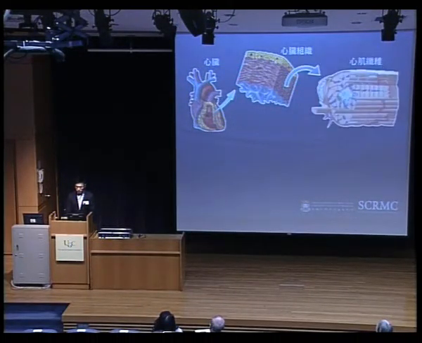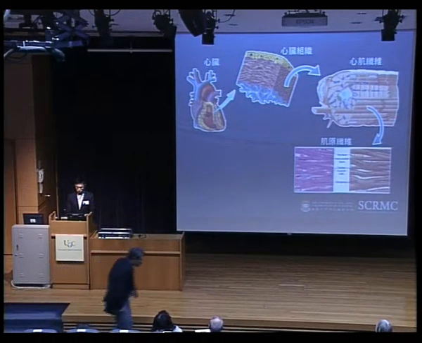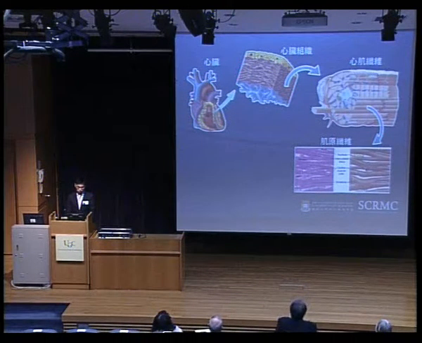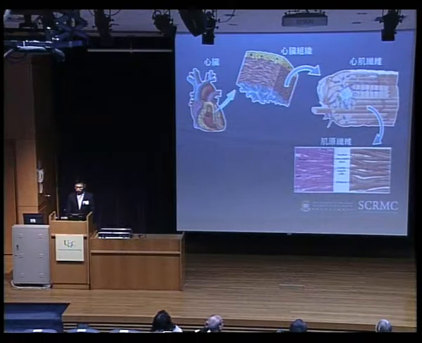cross-sectionally. You can see that it's really made up of a bundle of bundles of fibers, and these fibers, in turn, are made up of single heart cells, ventricular muscle cells, very nicely aligned in a very organized fashion, just like primary school kids waiting to get into classrooms.